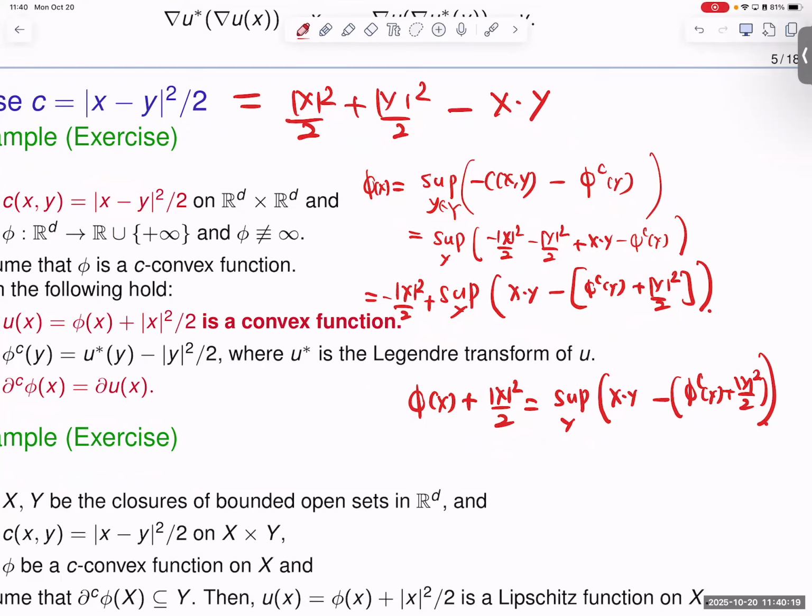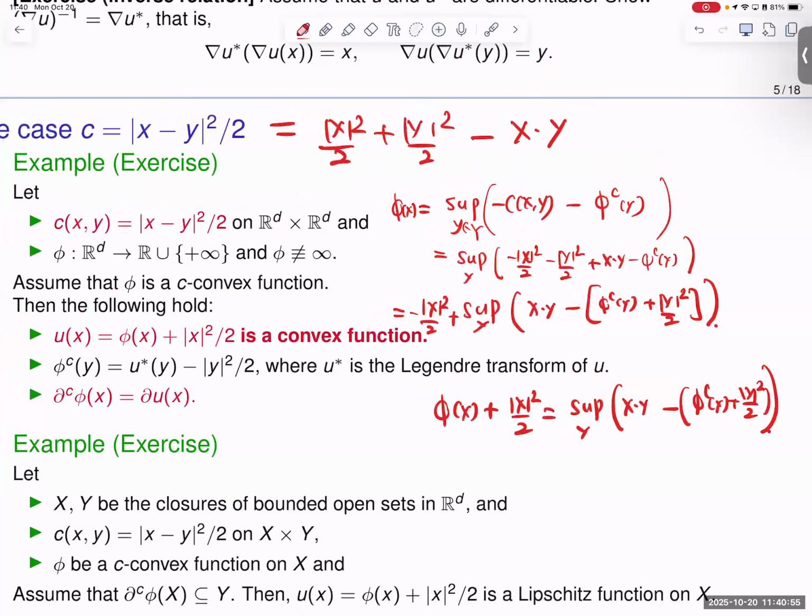Remember, we are exploring the relation between the c-subdifferential and the subdifferential when c is this x minus y squared cost function.